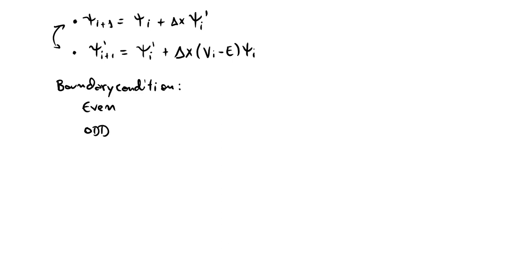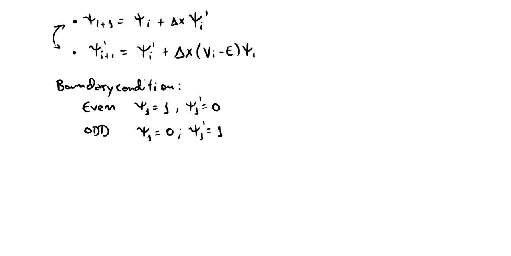The condition is, if the wave function is even, psi of 1 is equal to 1 and the derivative is 0. Now if the wave function is odd, then I start with psi 1 equal to 0, but its derivative, psi 1 prime, is going to be 1, right?